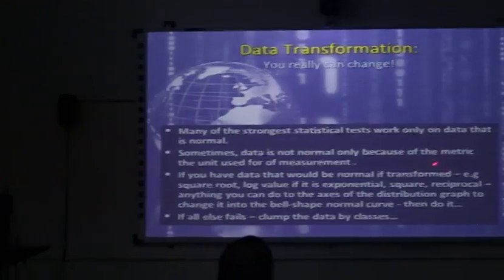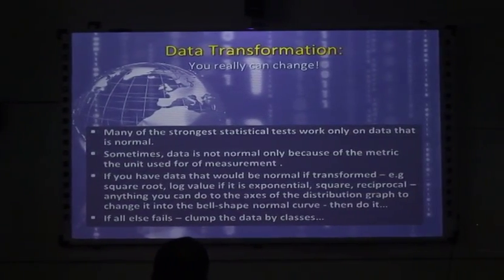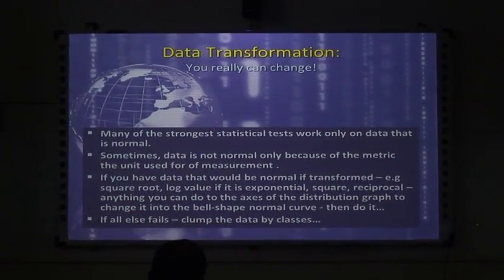And you use it because many of the strongest statistical tests only work on normal data. And sometimes data is only not normal because of the way you've measured it. Some scales that you use to measure, like slope angle in degrees, inherently have an exponential factor built into them.